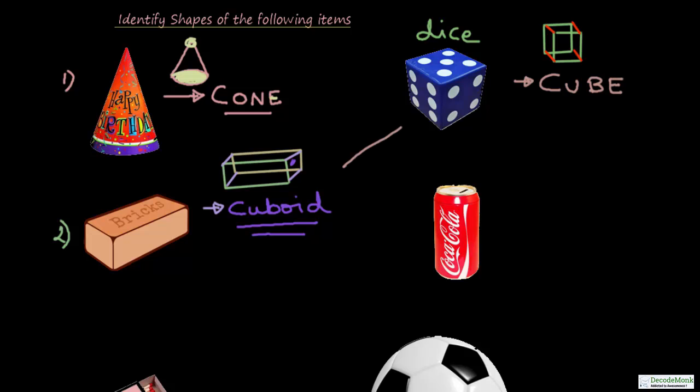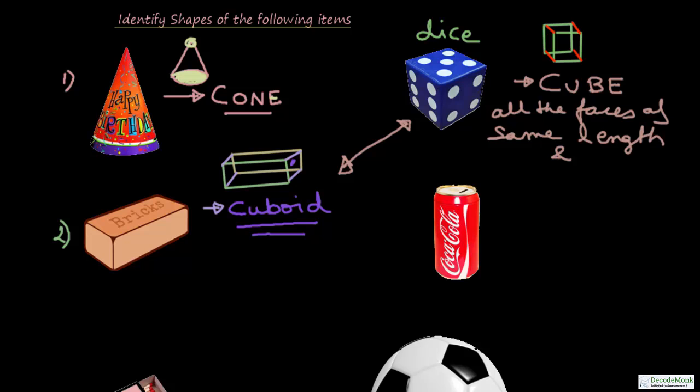Now, I think you should be able to understand the difference between a cube and a cuboid. A cube has all the faces of the same size, I mean the sides are of the same length.